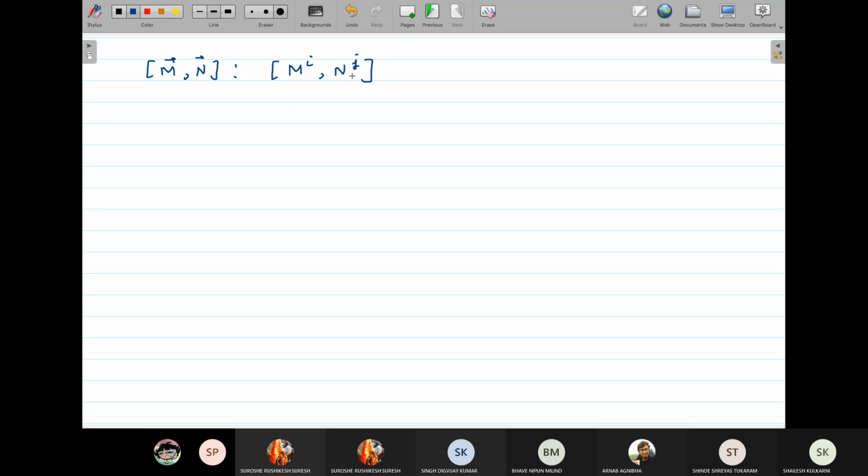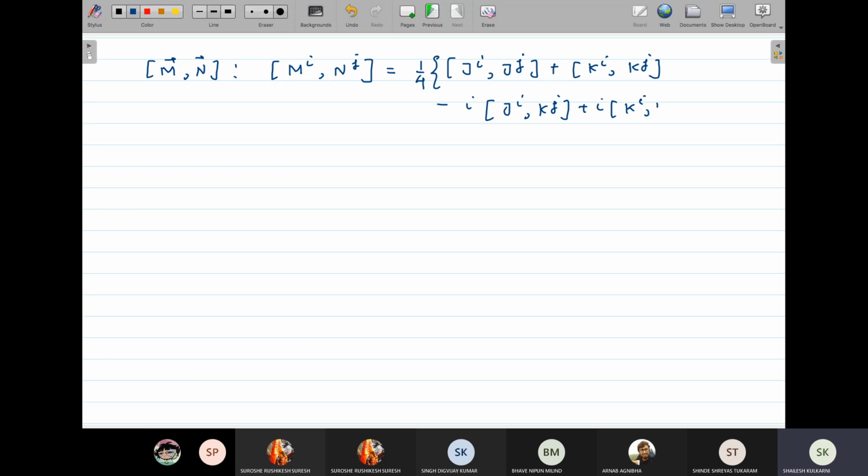What will this be? This will be equal to 1/4 times the commutation relation between Ji Jj plus Ki Kj, minus I times Ji Kj, plus I times Ki Jj.